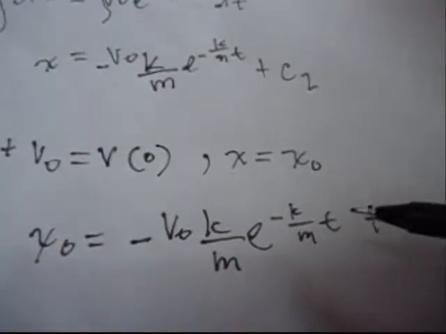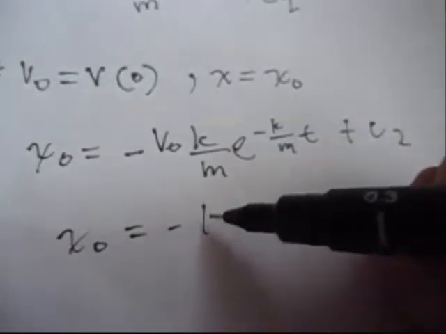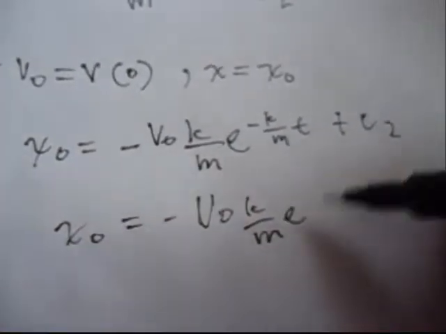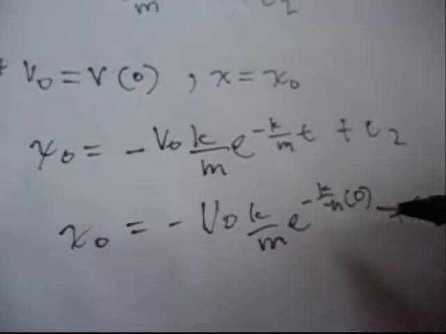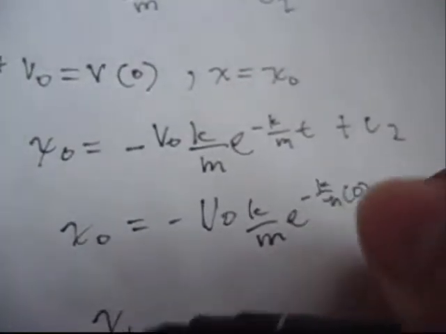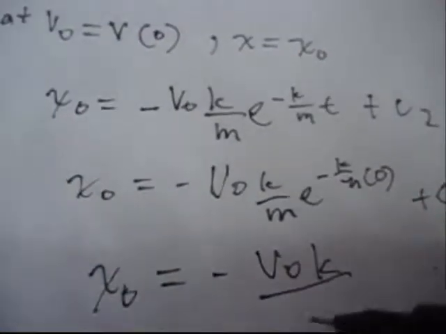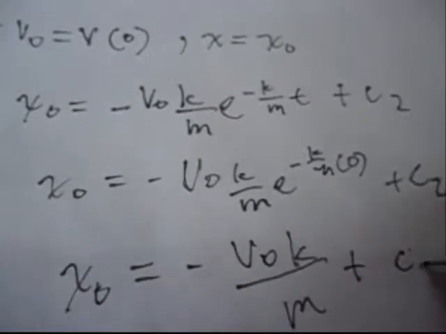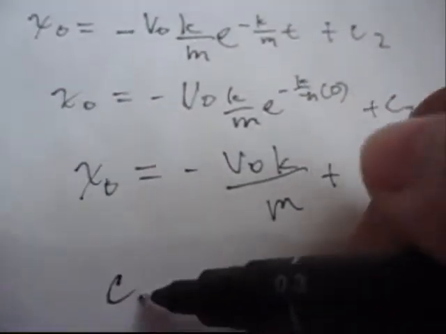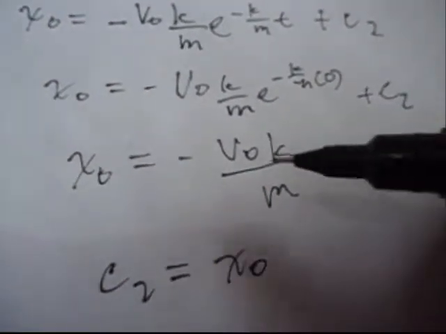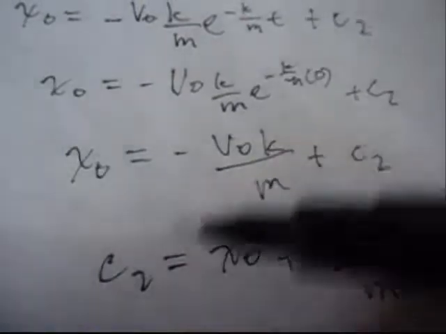With time equal to 0, we have x sub o equals negative v sub o m over k times e to the power of negative k over m times 0, plus c2. So e to the power of 0 will become 1, so we have x sub o equals negative v sub o times m over k plus c2. In order to get c2, we transfer this: c2 is equal to x sub o plus v sub o times m over k.